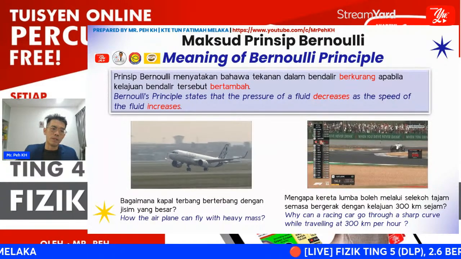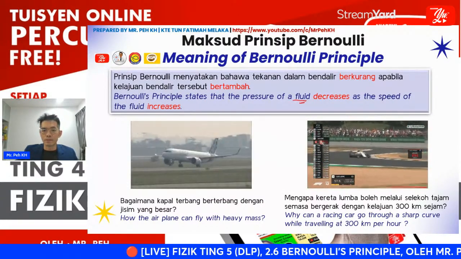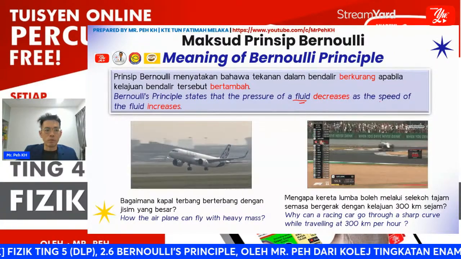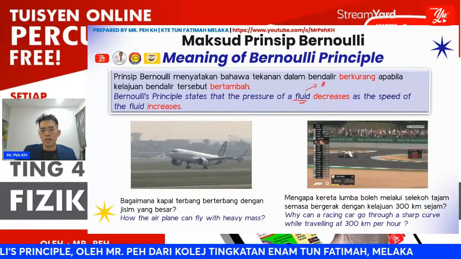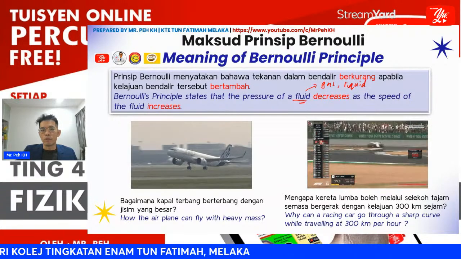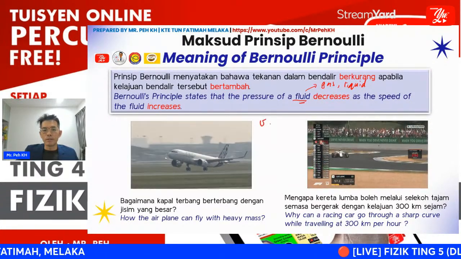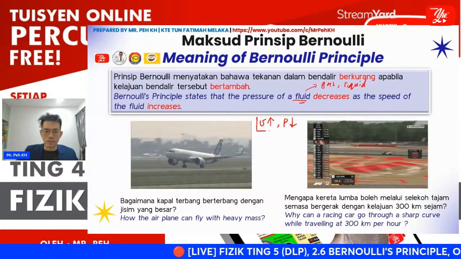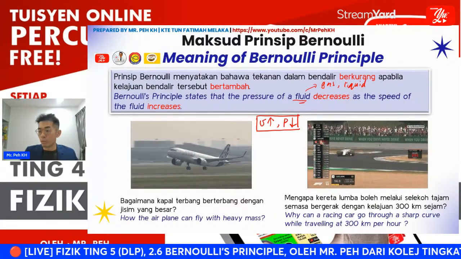Bernoulli's principle states that the pressure of a fluid decreases as the speed of the fluid increases. The fluid here can refer to gas or liquid. So from Bernoulli's principle, we know that when the speed of fluid increases, the pressure will decrease. The principle is actually very straightforward.